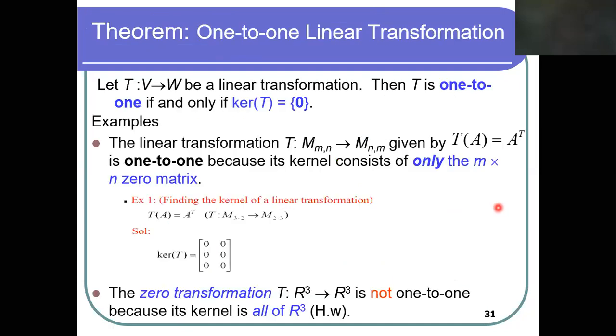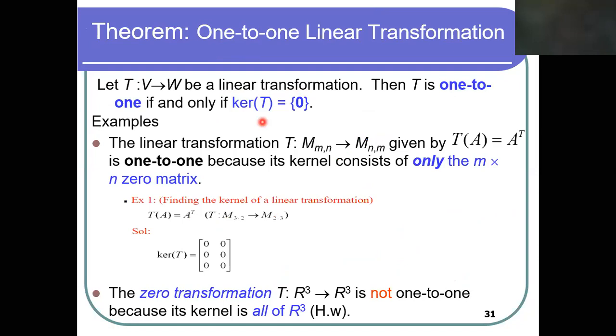Let us take an example. A linear transformation is one-to-one if the kernel of the transformation is 0. I mean, if you have only one element in the kernel, which is a subspace of your domain.